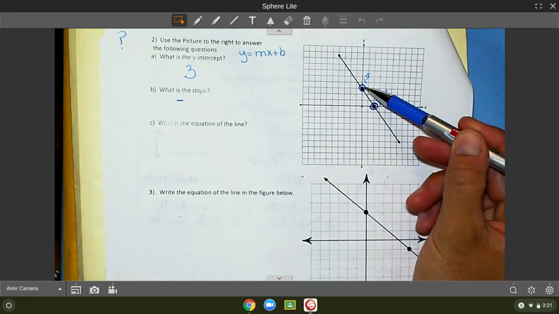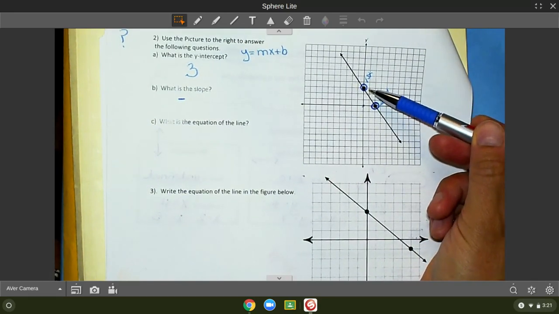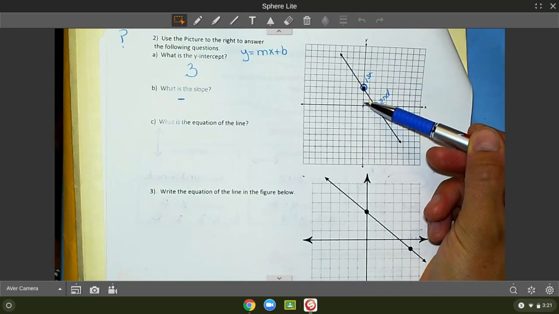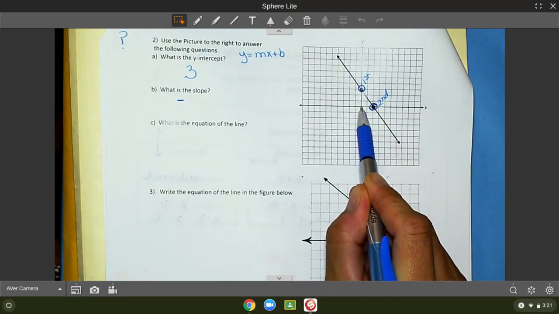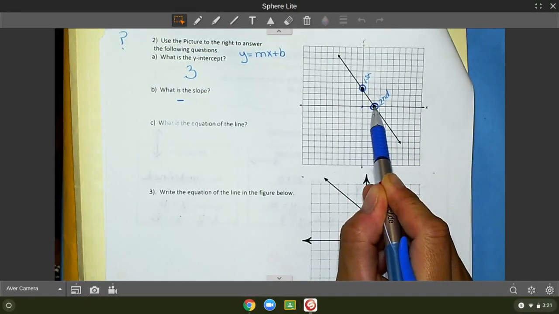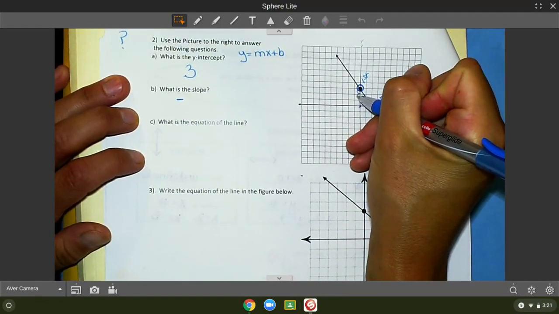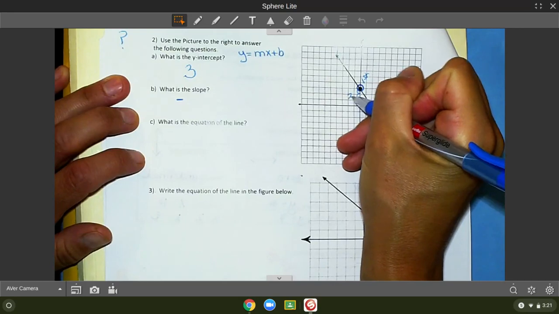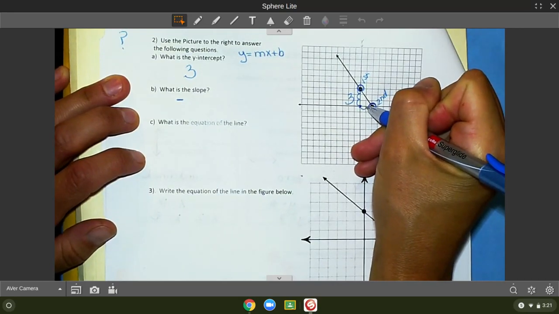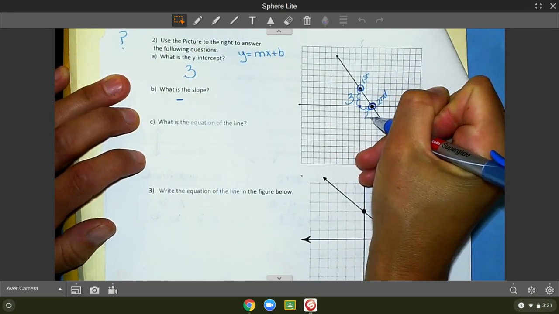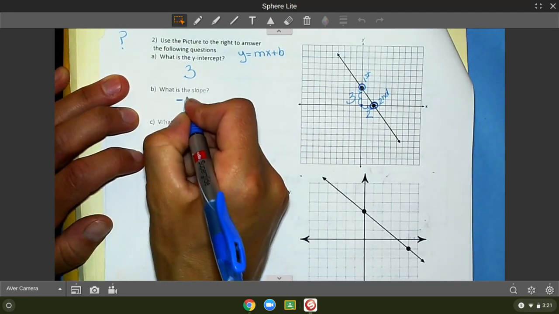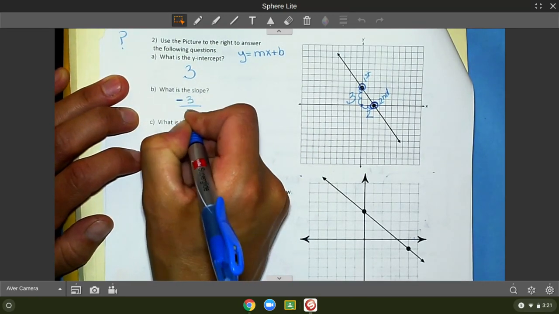So to go from your first point to your second point, we have to go down 1, 2, 3, and we have to go over 1, 2. All right, so again, we're going down 3, and then we're going over to the side 2. So that means our slope is negative 3 over 2.